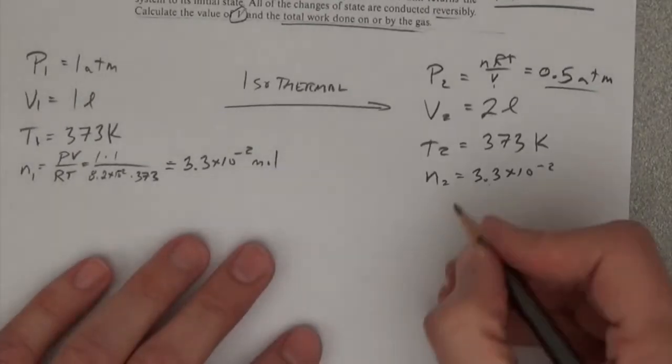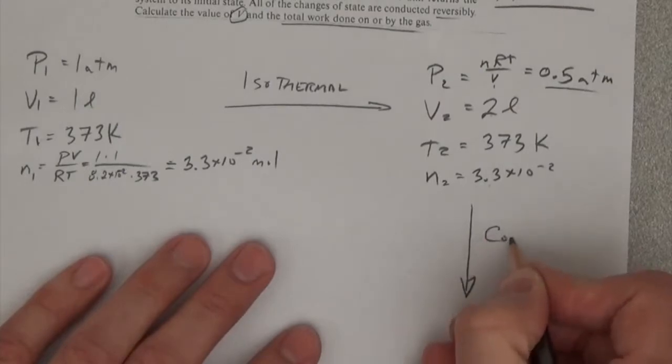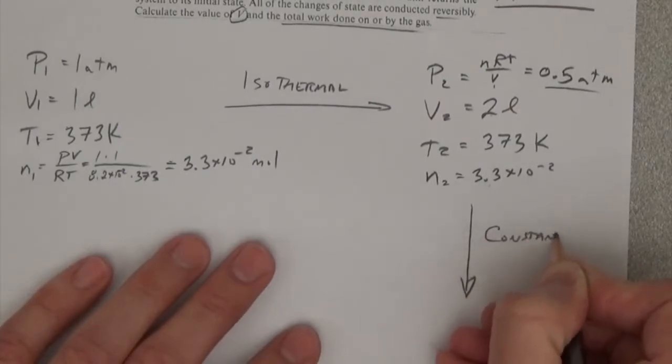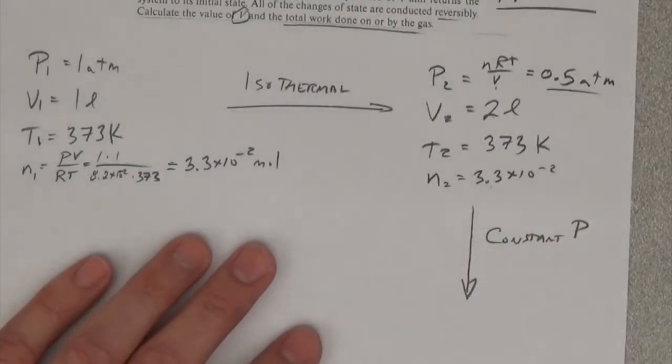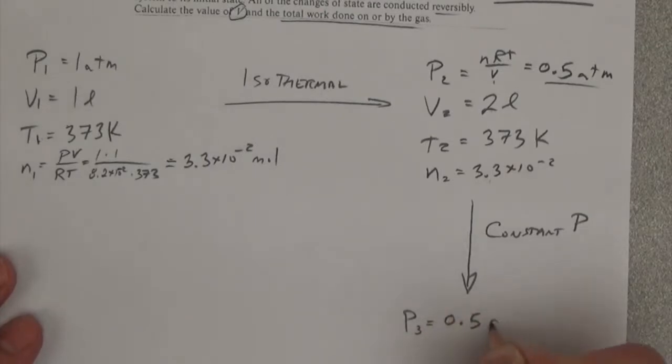And then this is going to go constant pressure to P3 is equal to 0.5 ATM, constant.